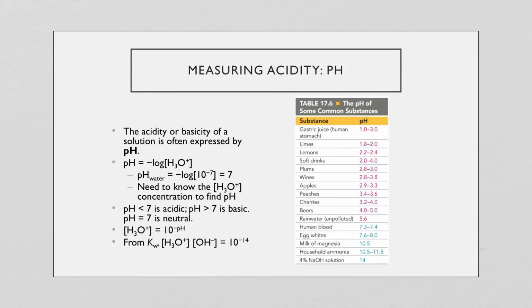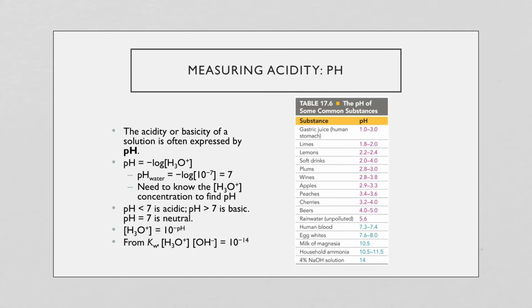Now, it was found that looking at things in terms of concentration of hydronium was confusing to people who hadn't taken chemistry, or hadn't had a decent amount of chemical background, because you're dealing with these reactions, these equilibriums, you're dealing with really small numbers, right?